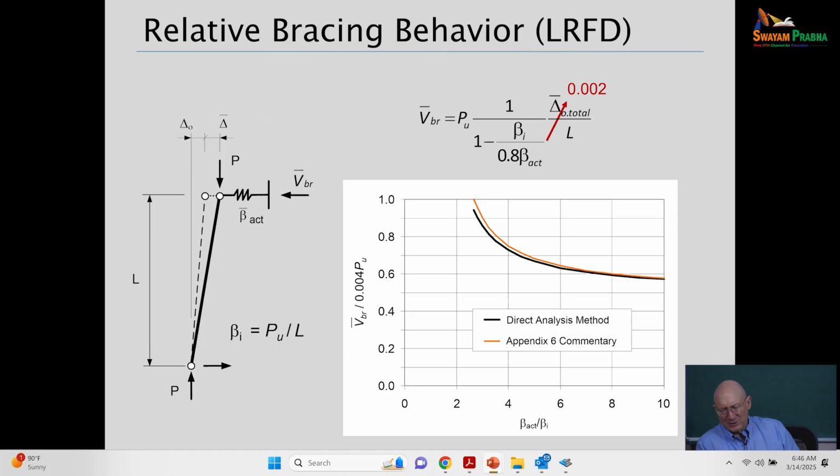Now, if we plot things out according to AISC, we basically get, for the brace force requirement, what you see here in black. By the direct analysis method with a phi of 0.75, we would get the red curve. It's slightly different, but that's really very close to being the same result.